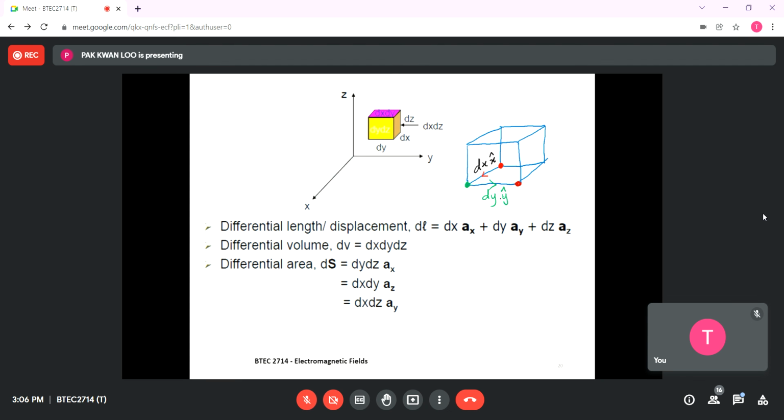And finally, you move across to this point. So you have landed now at this black dot here. So this length here, the displacement length, is dz in the direction of z cap.